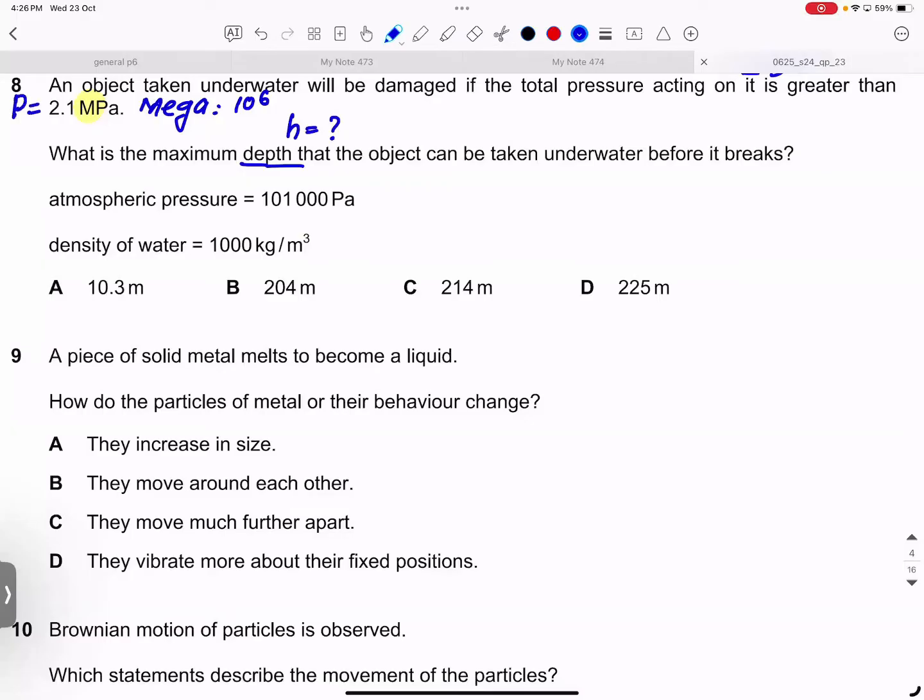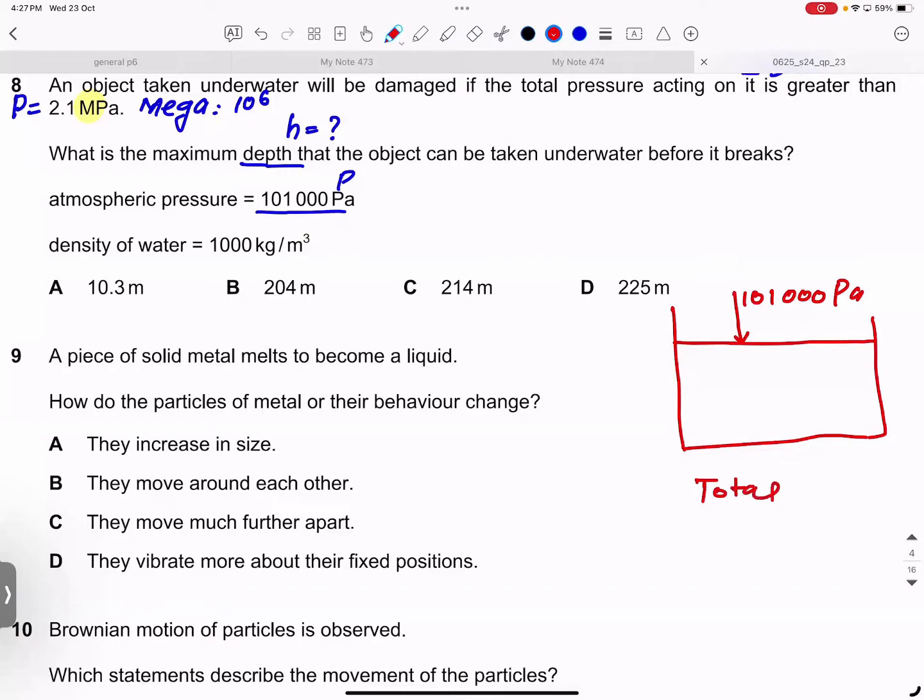P, you have. The problem is, they say the object can be taken to a depth before it breaks. Atmospheric pressure is this. Let's understand. Here, underwater, this is the water surface. The atmospheric pressure acting is 101,000 pascals. The total pressure is 2.1 mega, 2.1 into 10 power 6.